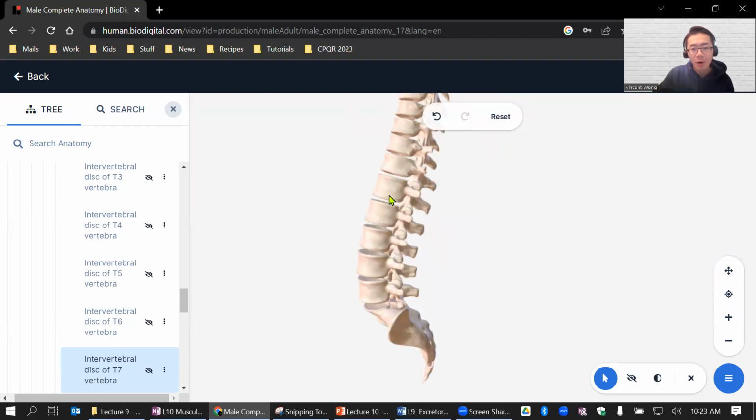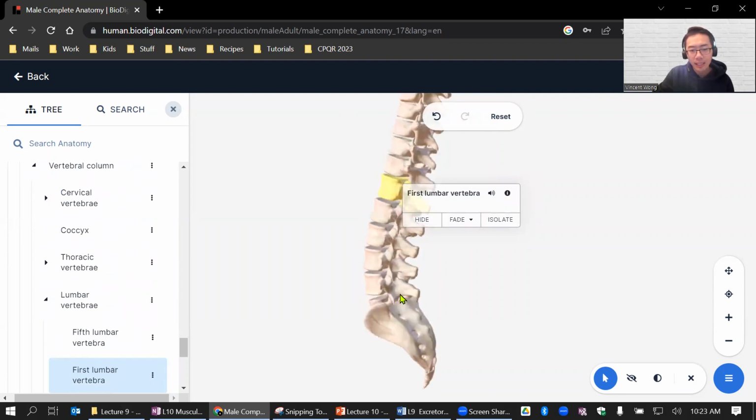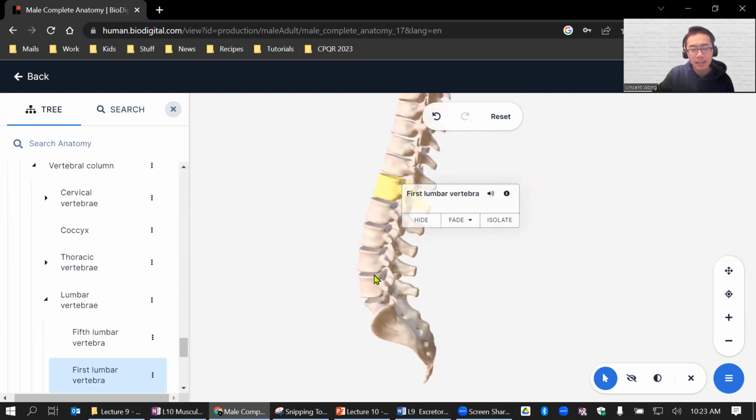So this is L1, 2, 3, 4, 5. So between 4 and 5, that's where they're going to insert the needle. And by the time the spinal cord gets down to here, it becomes the ponytail, right? So it's not possible for the needle to go through the spinal cord. They're just gonna move out of the way, and that's the safe point of insertion.